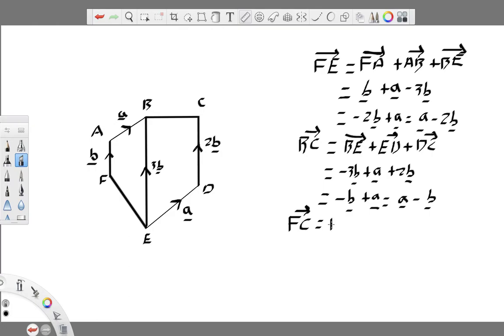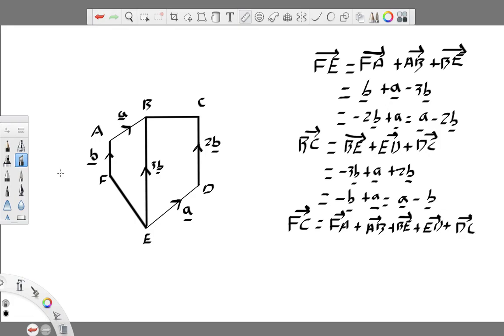So we're going F to A, plus A to B, plus B to E, plus E to D, plus D to C, sorry.